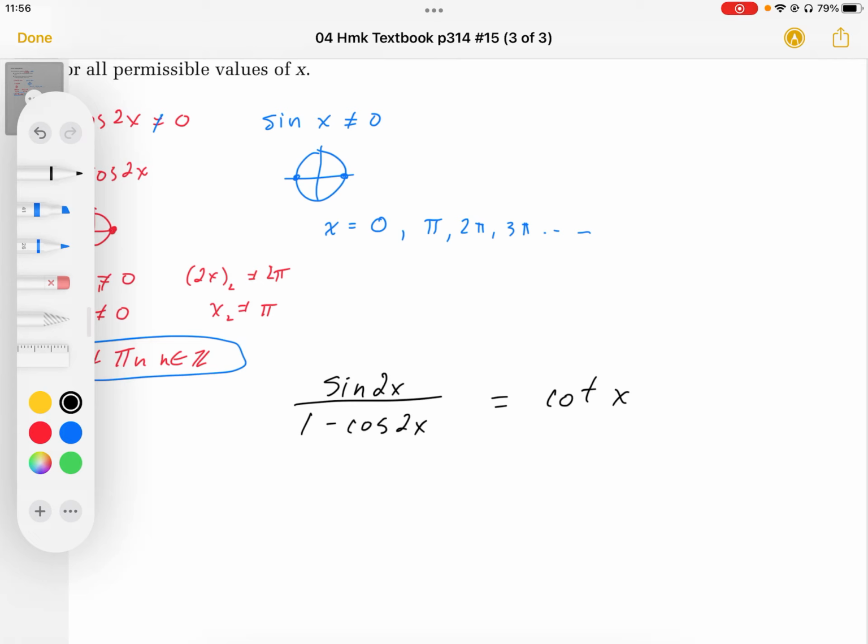The sine 2x only has one option: 2 sine x cos x. I'm going to convert the cotan into cosine x over sine x.